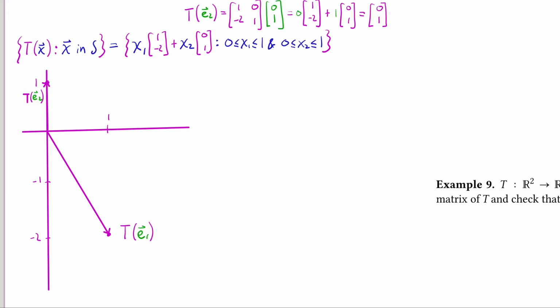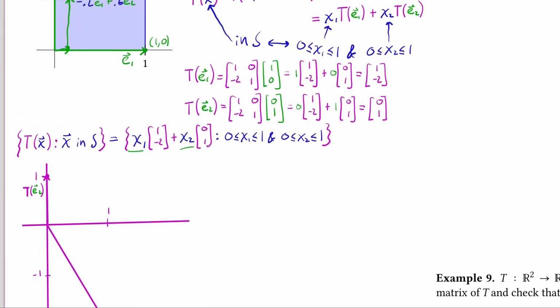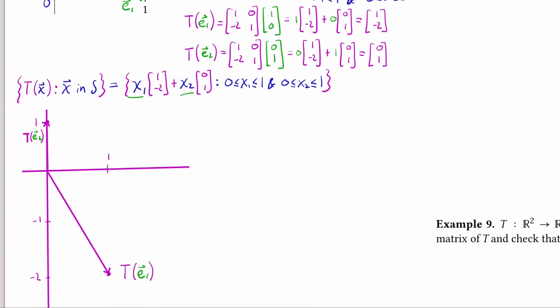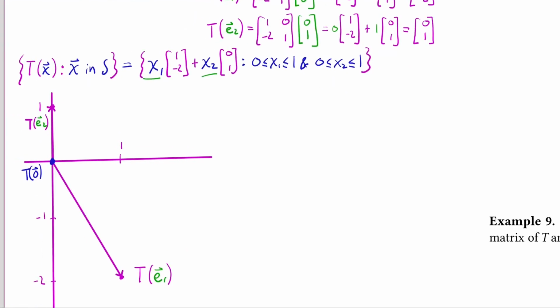And when we get all such linear combinations of these, that includes 0 times one of them plus 1 times the other, which would just be the 2 points we have, or x1 and x2 could be 0, right? The origin is right here. And if you do 0 times 1 plus the other, T of 0 is still 0 right here.